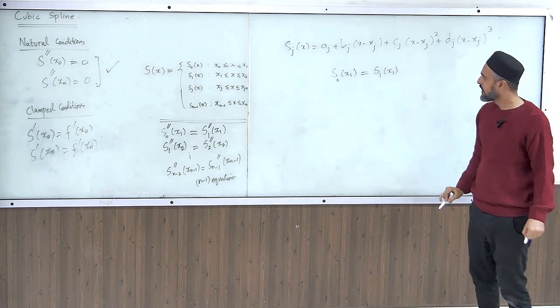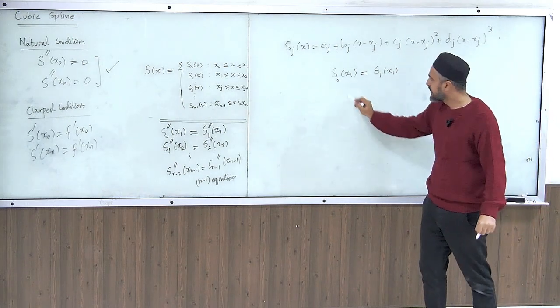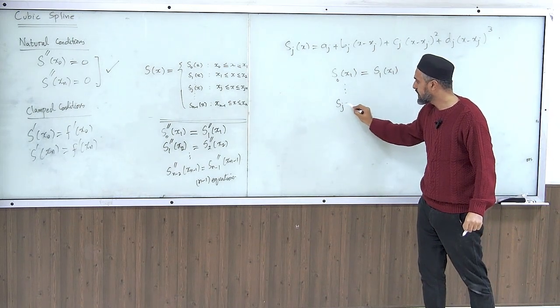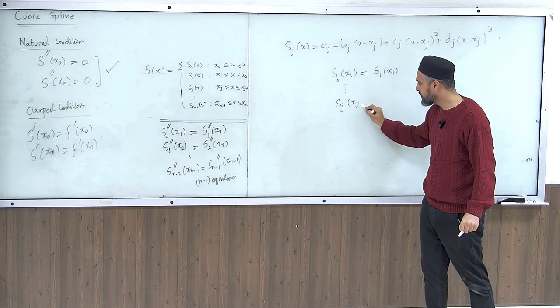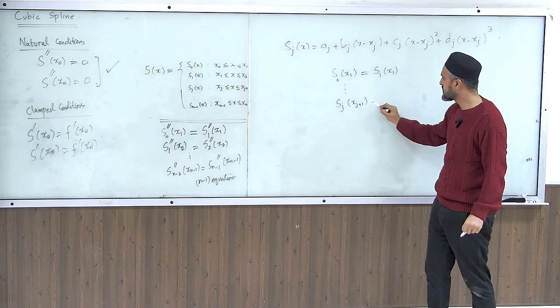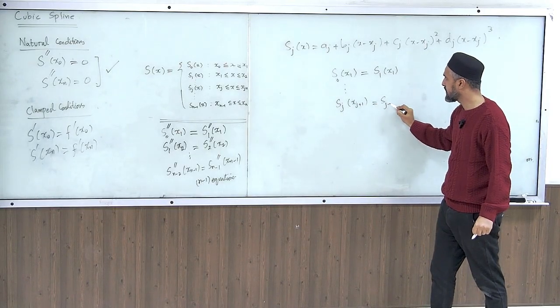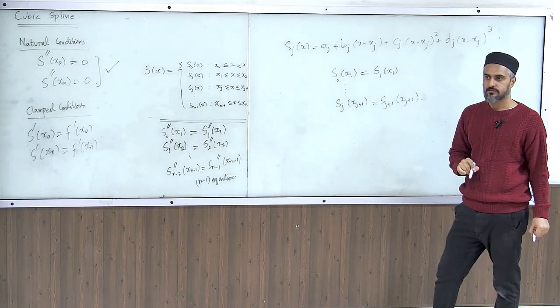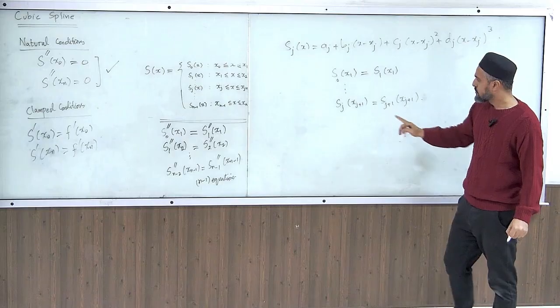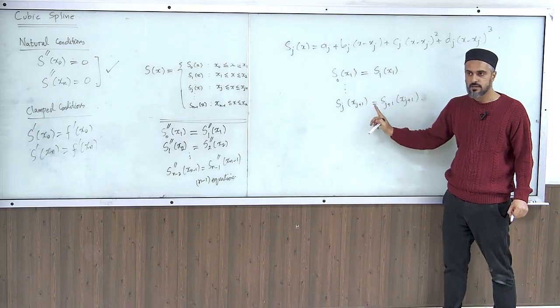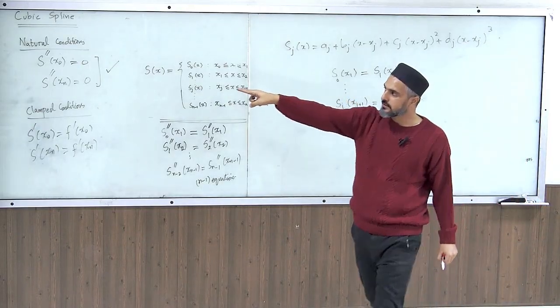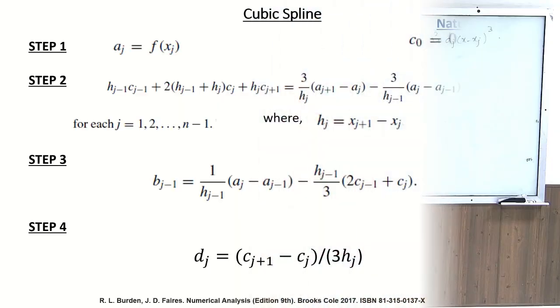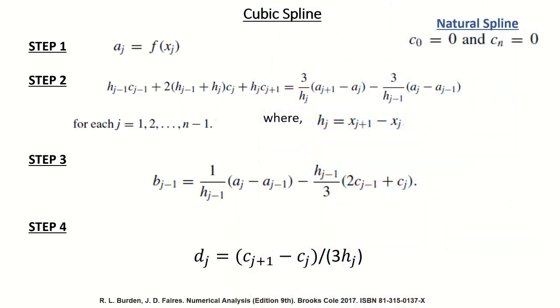Generally speaking, Sj at xj plus 1 is the same as Sj plus 1 at xj plus 1. This is something by which we got that second equation. From the first equation we got the Aj's, and from here we got the second equation that I've written in step number 2.